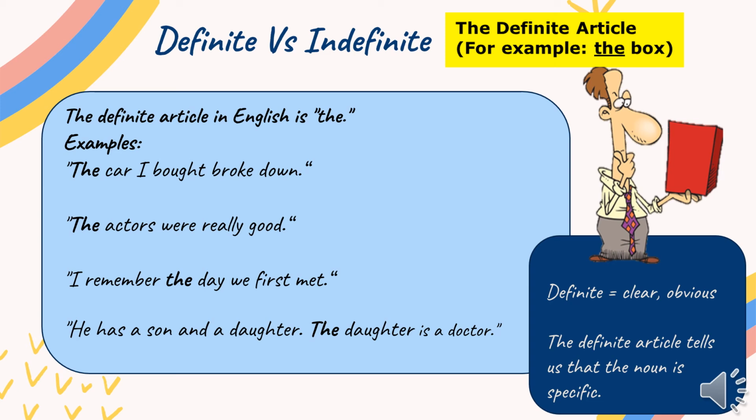Now, in all these sentences, the speaker is talking about specific actors that were good, a specific day that he remembered when he first met the person, the specific daughter that is a doctor.